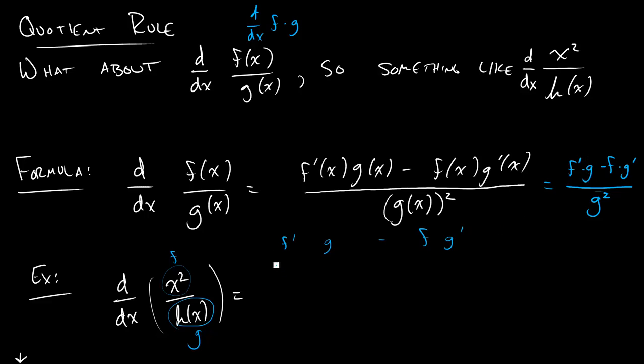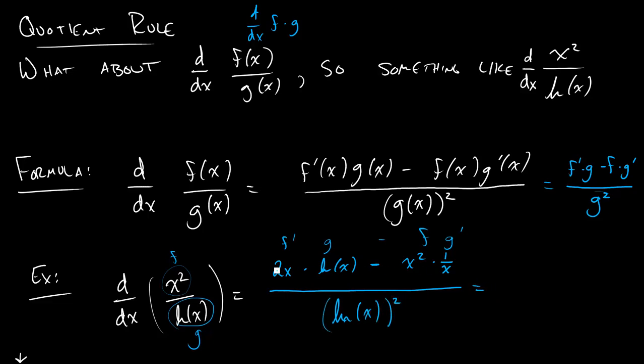So I will have the derivative of f, which will be 2x, times g, which is just the ln of x. And then I'm going to be subtracting f, which is just x squared, times the derivative of g. So notice the derivative of g is 1 over x. And this is all going to be divided by g squared, not the derivative of g, so it's just going to be divided by the ln of x, all of that squared.